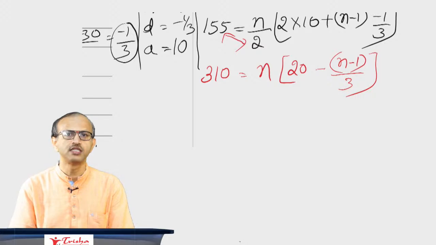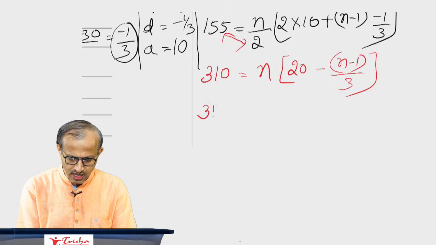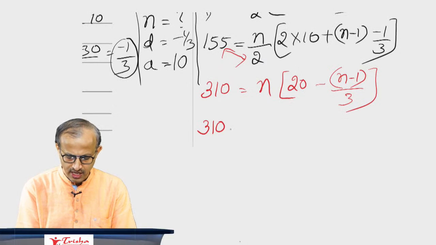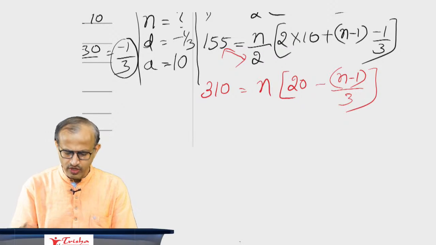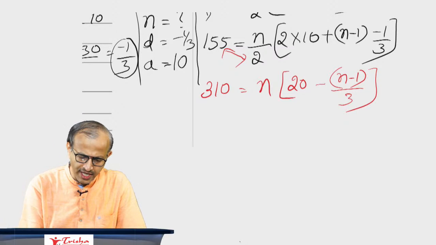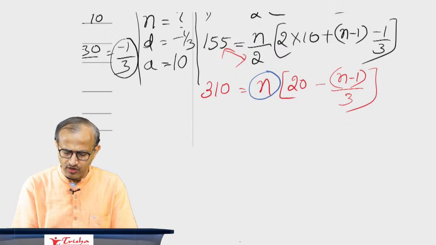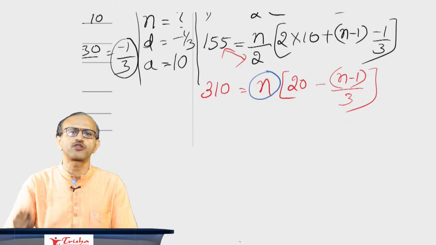I just simplified that. I can stop here, or I can continue also, but I will just stop here. Students, please observe: you have n here. When I multiply, n into n becomes n squared, and it becomes a quadratic equation that you have to solve.